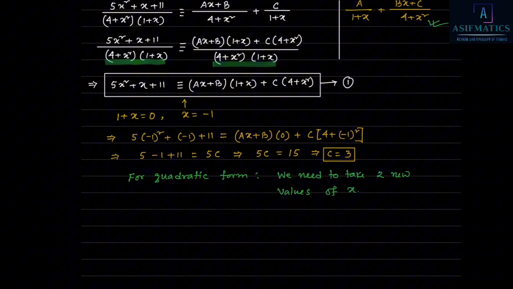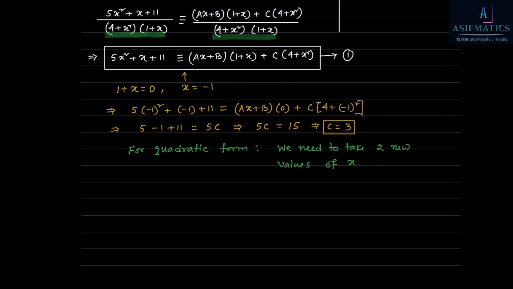So what should those values be? Number 1, the first value should be x equals 0. And number 2, the second value of x is any value of x other than the values you have already taken.